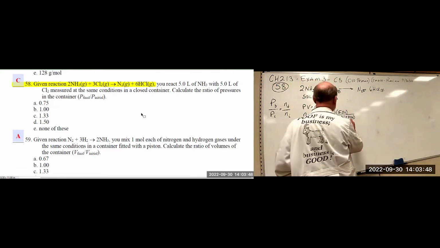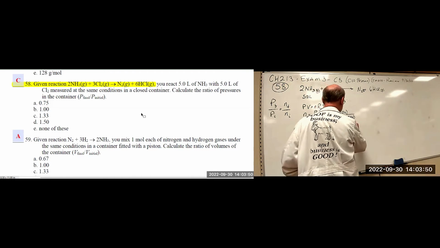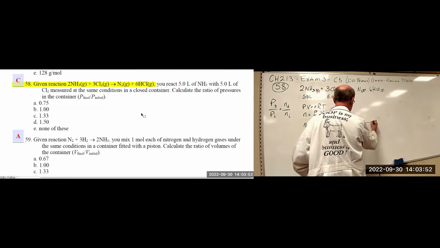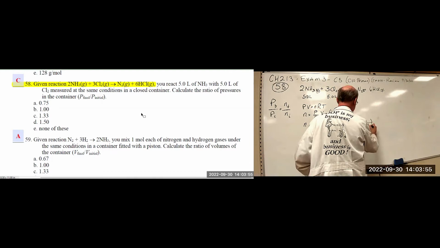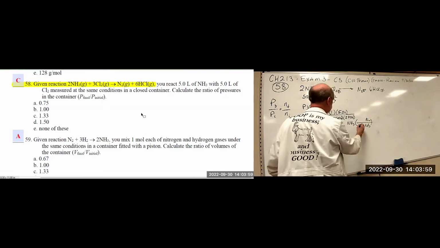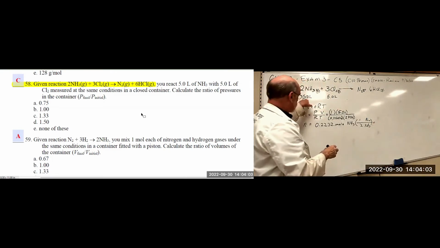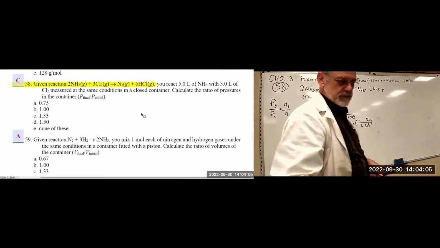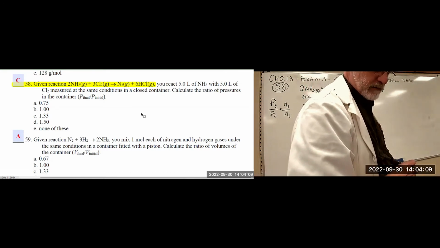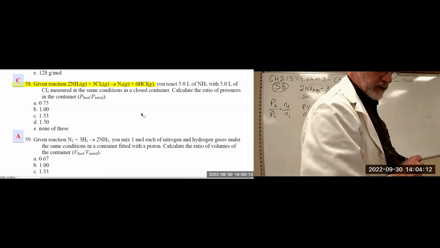So if we say this is ammonia, and nitrogen, what's the ratio? Well, 2 here and 1 there. So if we use all of that, it'll produce 0.1116 moles of nitrogen.